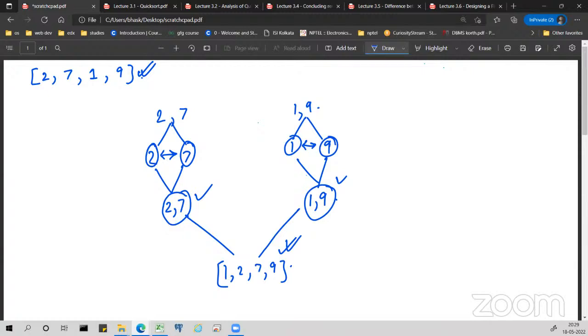So can I see a raise of hands, who all understood the partition algorithm? All of those who understood the partition algorithm properly, please raise your hands. Please keep your hands raised until I say.